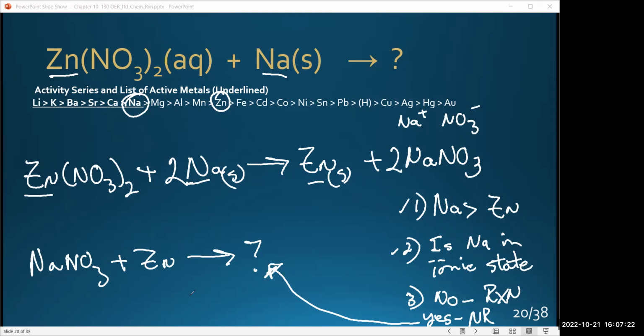It is in ionic form, in the form of sodium nitrate to begin with. So in this scenario, you get no reaction. And so the point is this: if you get a reaction in the forward direction, the opposite direction is no reaction. And if the forward reaction is no reaction, that means the opposite direction is positive.